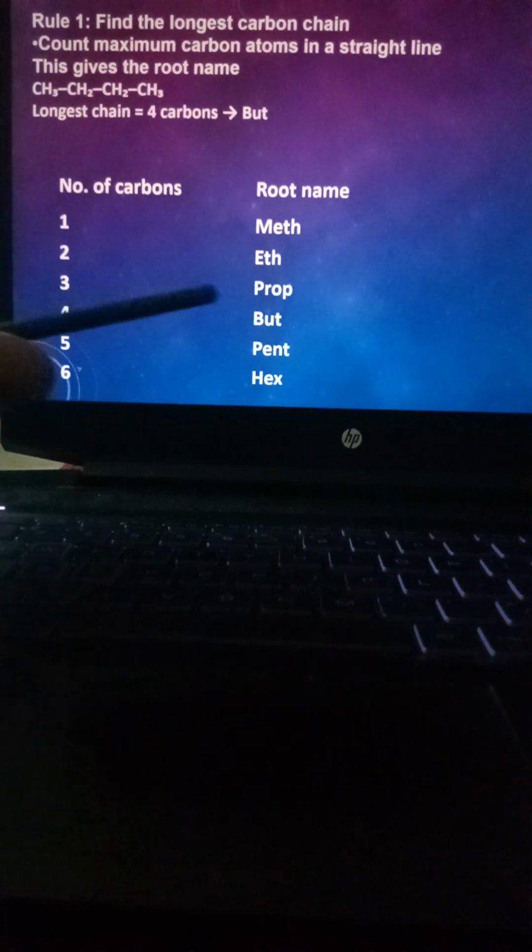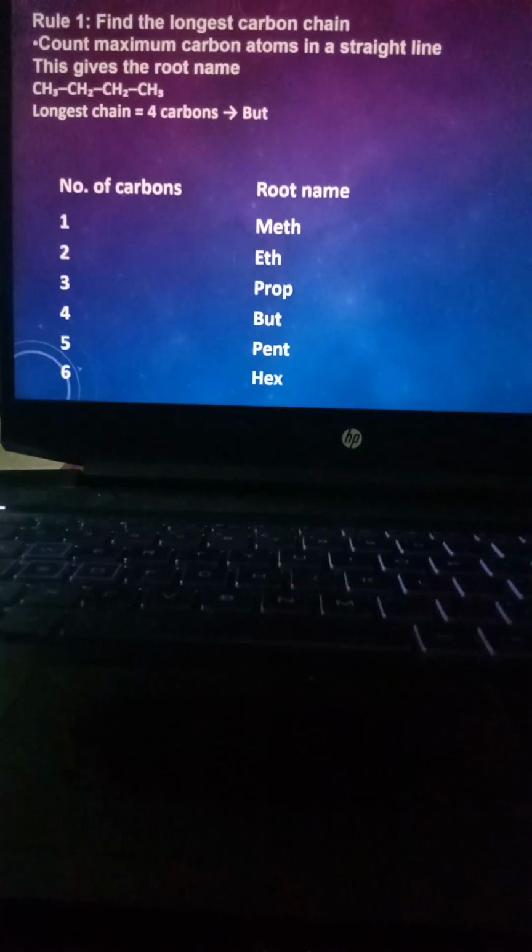So 4 means but. Again, look at this compound. You have to count the number of carbon atoms. 1, 2, 3, 4. So 4 carbons. 4 means the name is but. So this is rule number 1.